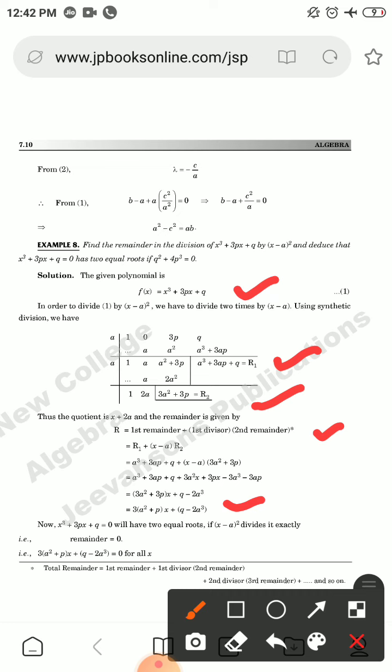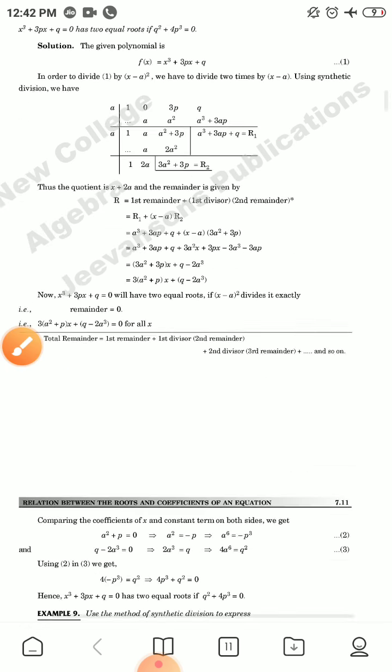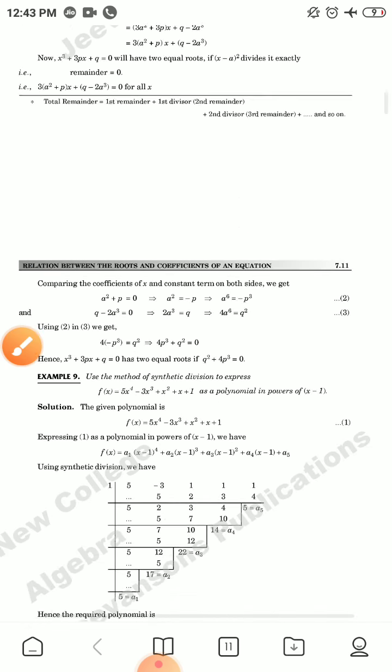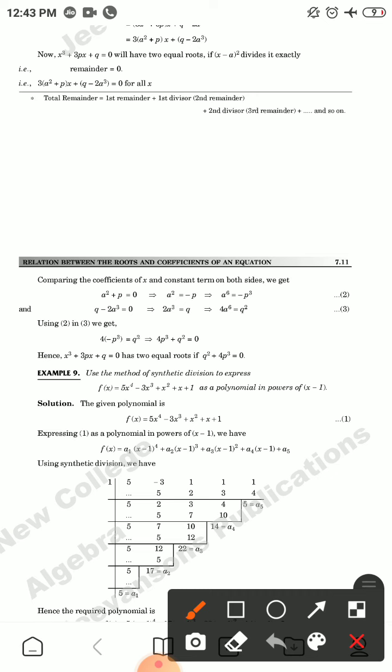Now x cube plus 3px plus q equal to 0 will have two equal roots if x minus alpha square divides it exactly, that is, the remainder is equal to 0. That is 3 alpha square plus p into x plus q minus 2 alpha cube equal to 0 for all x. Comparing the coefficient of x and the constant term on both sides, we get alpha square plus p equal to 0, alpha square equal to minus p.